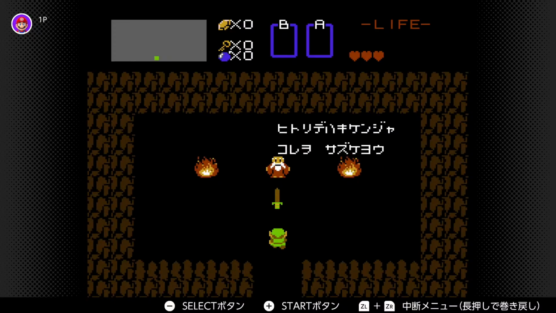So we have two sentences. The first one, Hitori dewa. As for going, it's not mentioned. As for literally, as for being alone, hitori means one person.